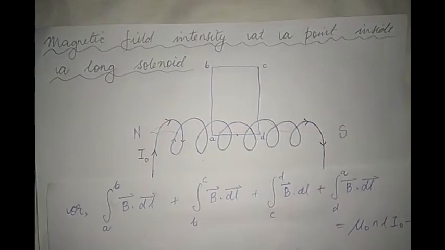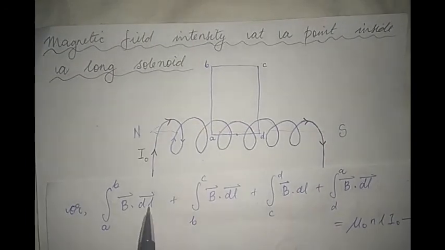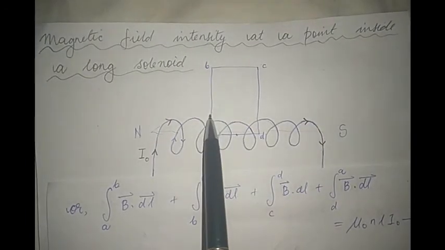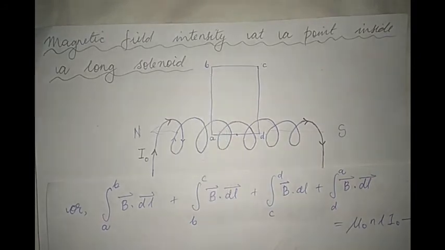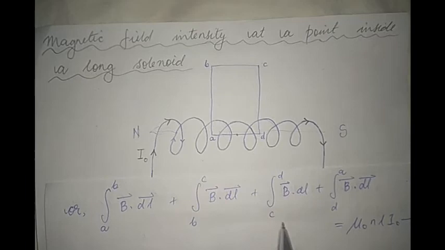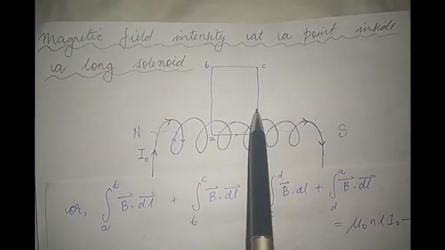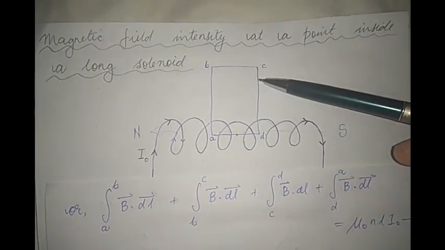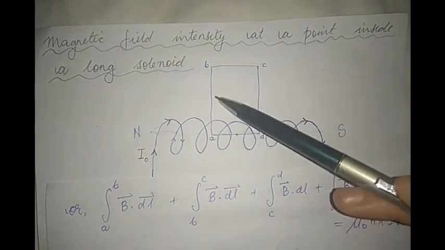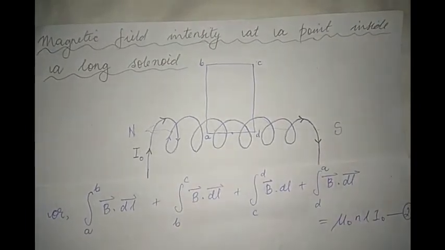When we consider the first term, dl is a small elemental length over AB, and when we consider the third term CD, then dl is a small length over here. So this dl and this dl are both perpendicular to the direction of the magnetic field, you can see.